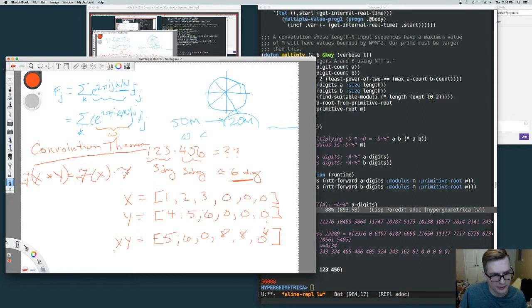So one little point, it might seem confusing that I talked about multiplication here and here. The first multiplication up here is pointwise.